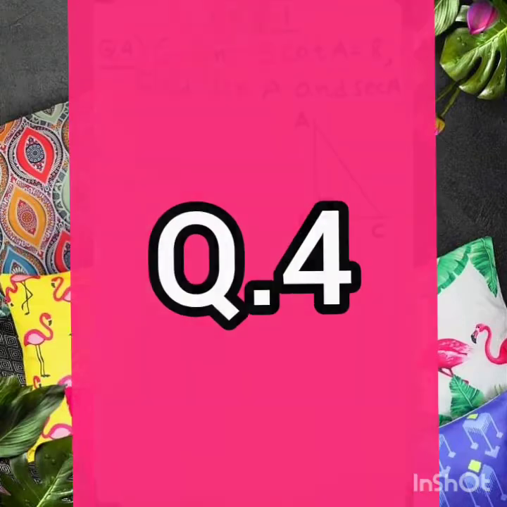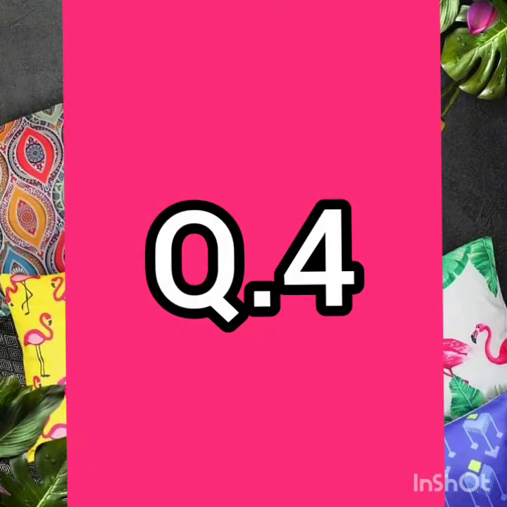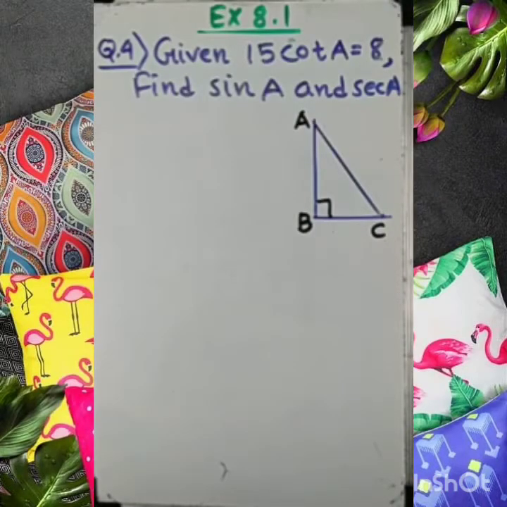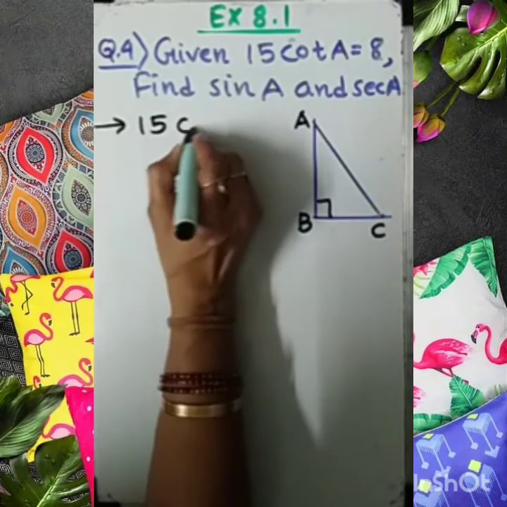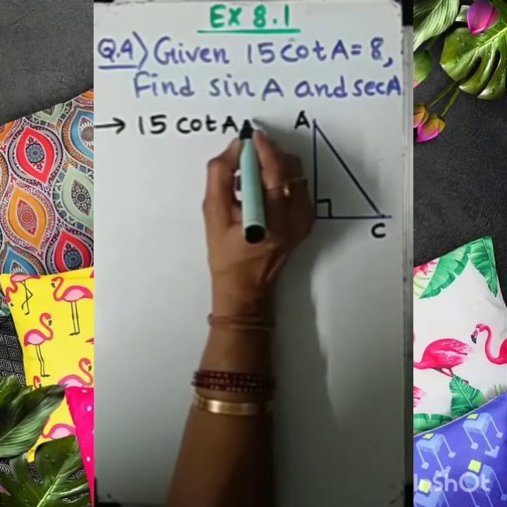So my dear student, question number 4 of exercise 8.1 says: given 15 cot A equal to 8, find sin A and sec A. Dear student, here we are given the value of one of the trigonometric ratios, that is cot A. We are given 15 cot A equal to 8.